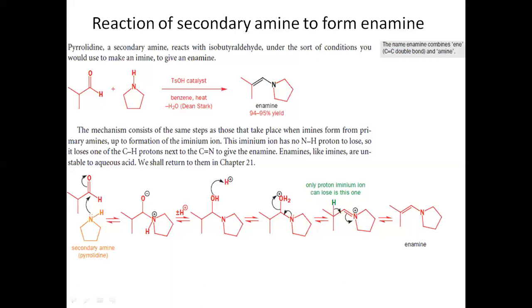So that's it, which is there in your syllabus. If you sit with Clayden, you have a few more reactions which depict how the iminium ion also can act as an electrophile. Okay, but those reactions I don't think are in your syllabus, so I'm not covering those reactions here.